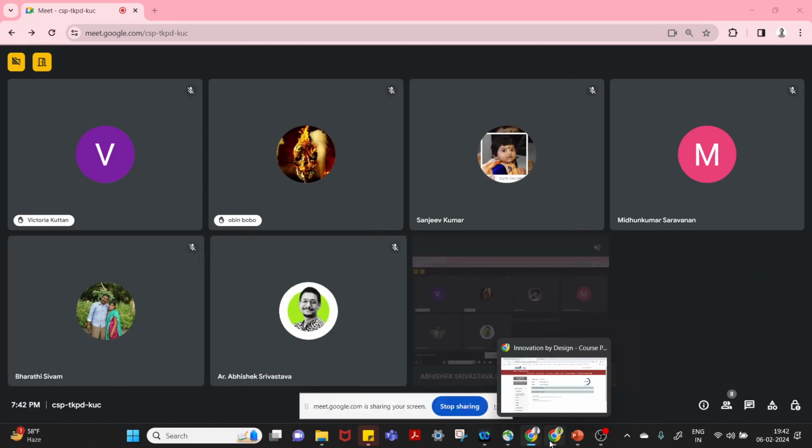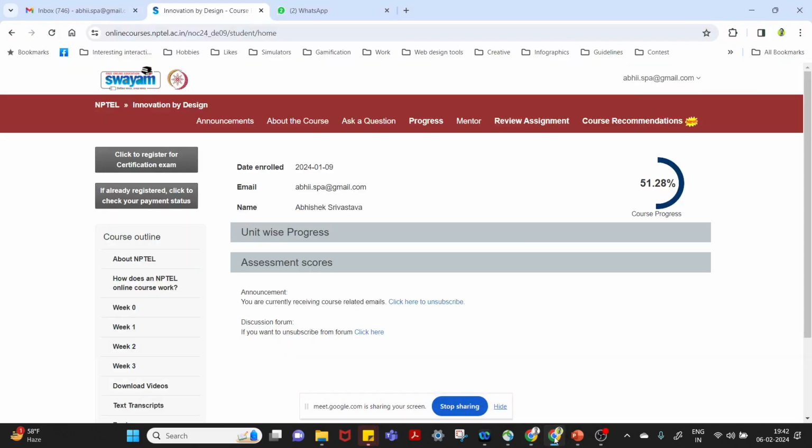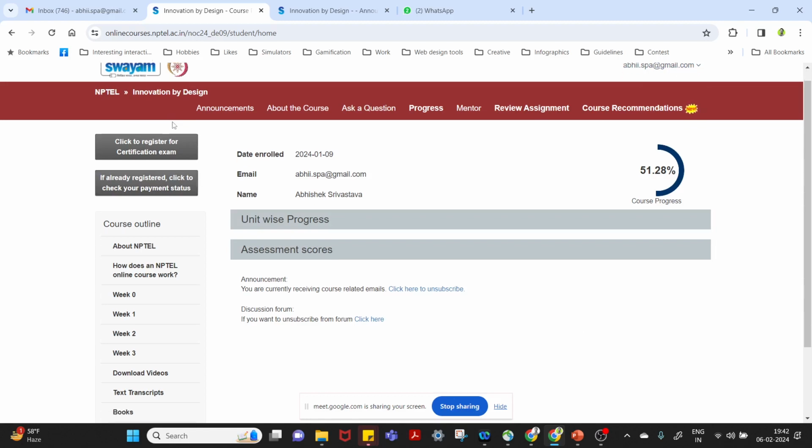Okay, so I'll share my screen. Yes, I hope my screen is visible. Let's start from the announcements tab. The moment you log into the platform through your mail ID, you will be arriving at this particular stage.